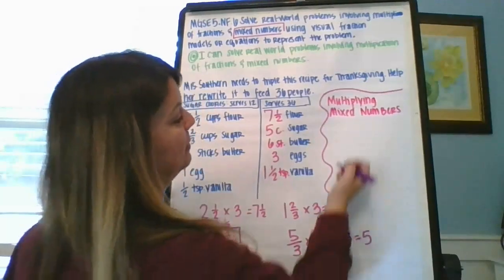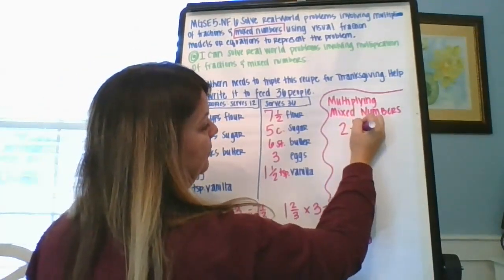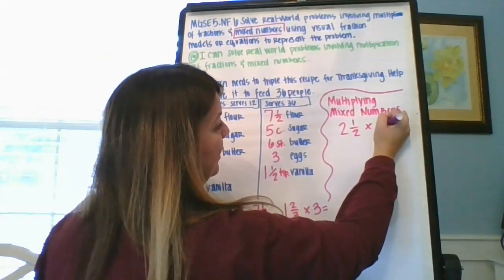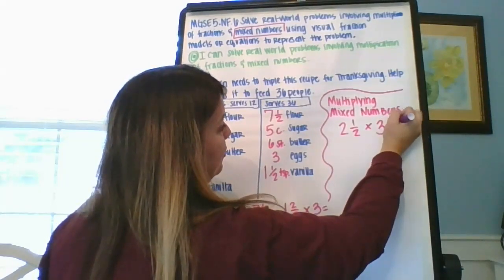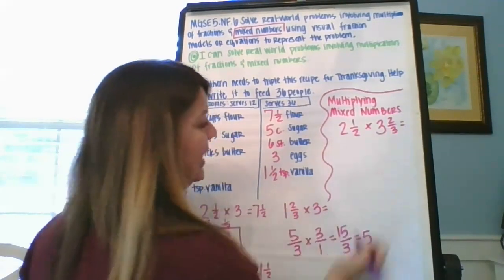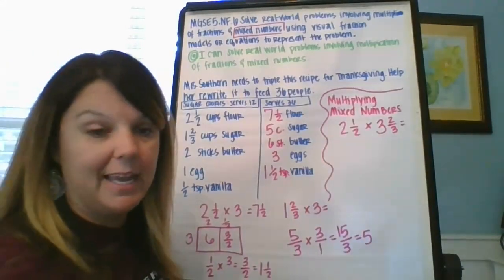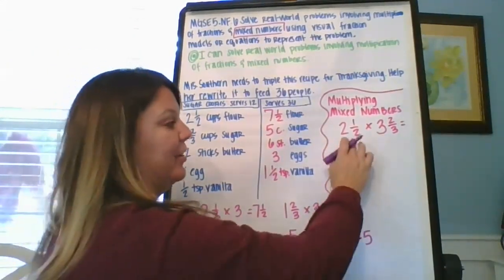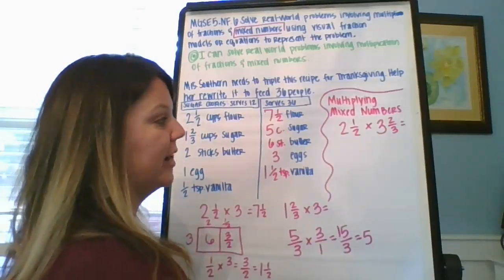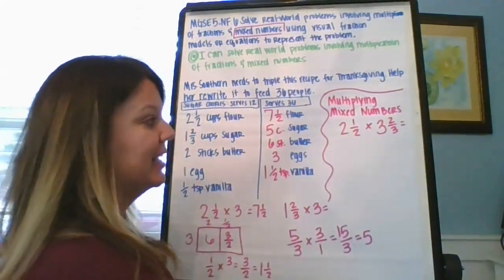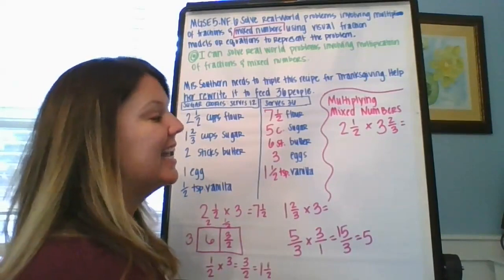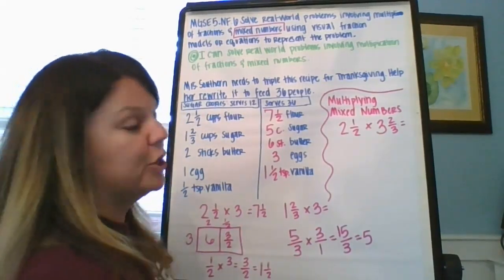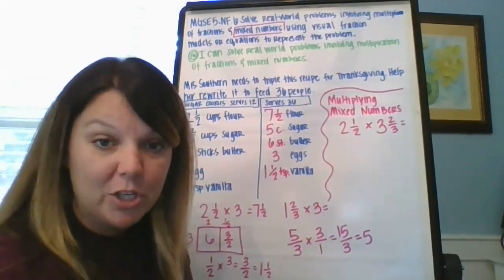Say I was asked to multiply 2 1/2 times 3 2/3. The most common mistake that kids do is they'll do the 2 times 3 and give me 6, and they'll do a half times 2/3 and give me 2/6. So they say the answer is 6 and 2/6, and that's wrong. And let me show you why it's wrong.